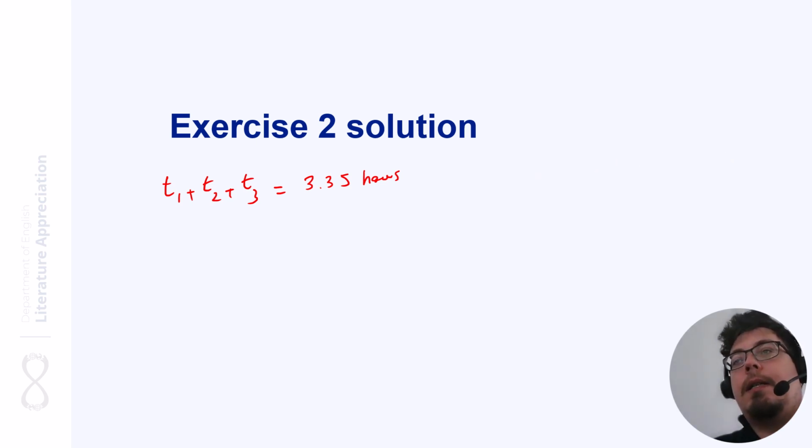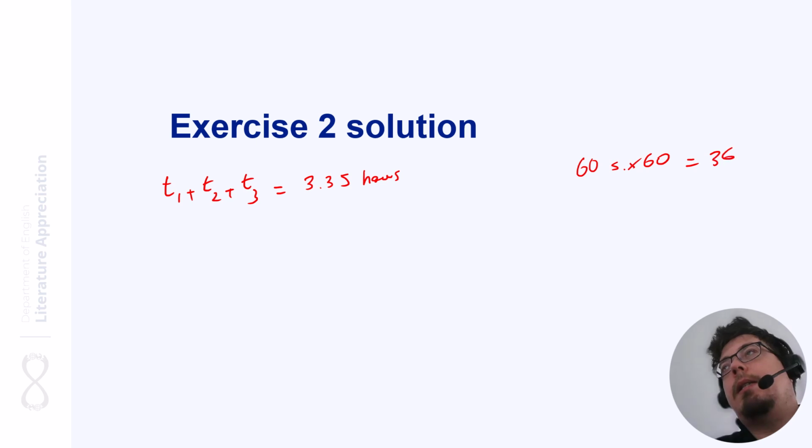So an hour is 60 seconds times 60 minutes times 60, so it's 3600 seconds in 1 hour.